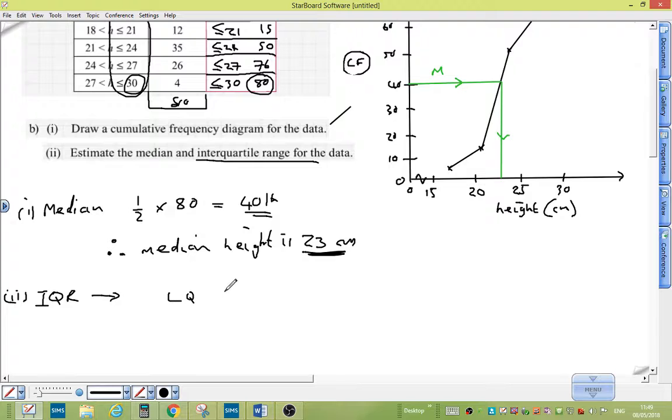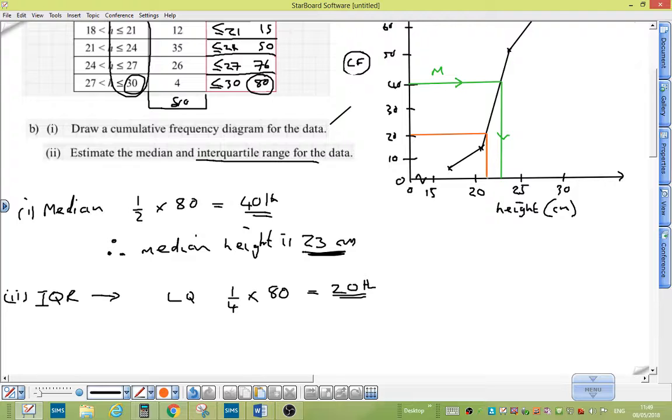and its position is found by a quarter of the way up of all of our data. All of our data is 80, so it is the 20th position. That's not the answer, it's just where we locate it. So in a different colour, I'm going to read off horizontally at 20. So I'm going to locate where it is, hit it, and read down.